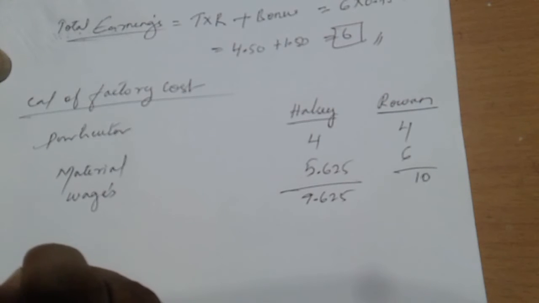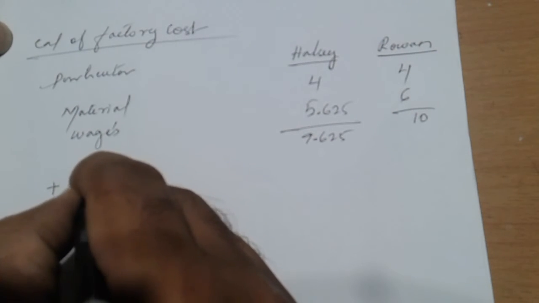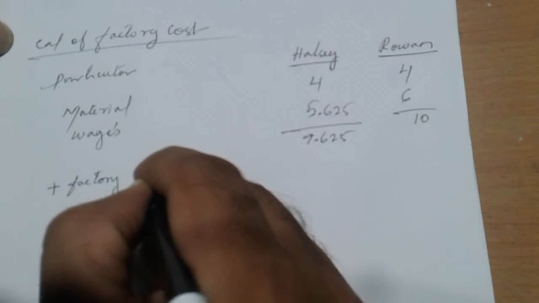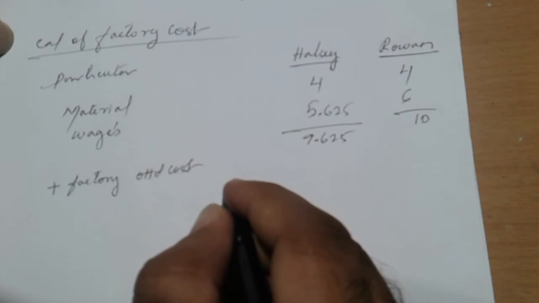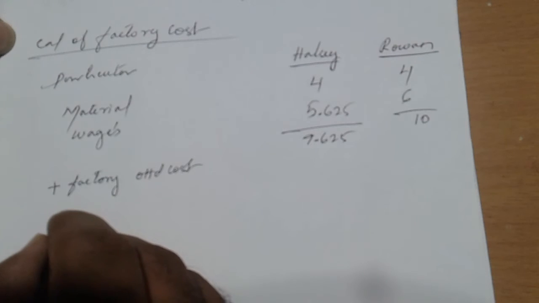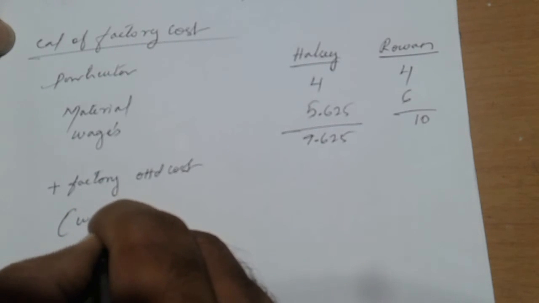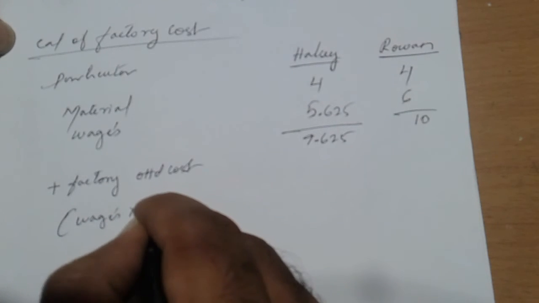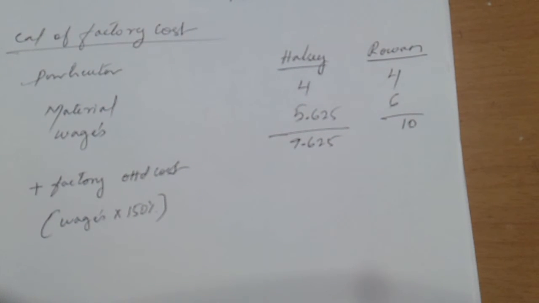Plus factory overhead. Factory overhead cost is calculated as wages into how much percentage. Since the percentage of bonus is not given, here you can take 150%.